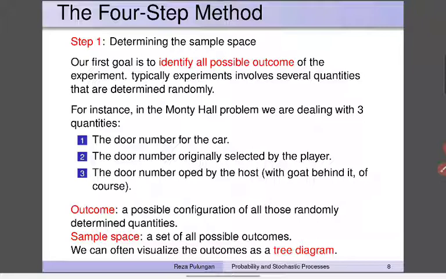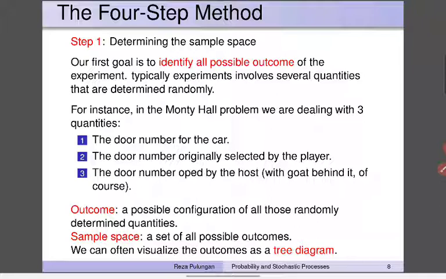Now the 4-step model, of course, contains 4 steps. The first step is determining the sample space. Our first goal is to identify all possible outcomes of the experiment. Typically, an experiment involves several quantities that are determined randomly.